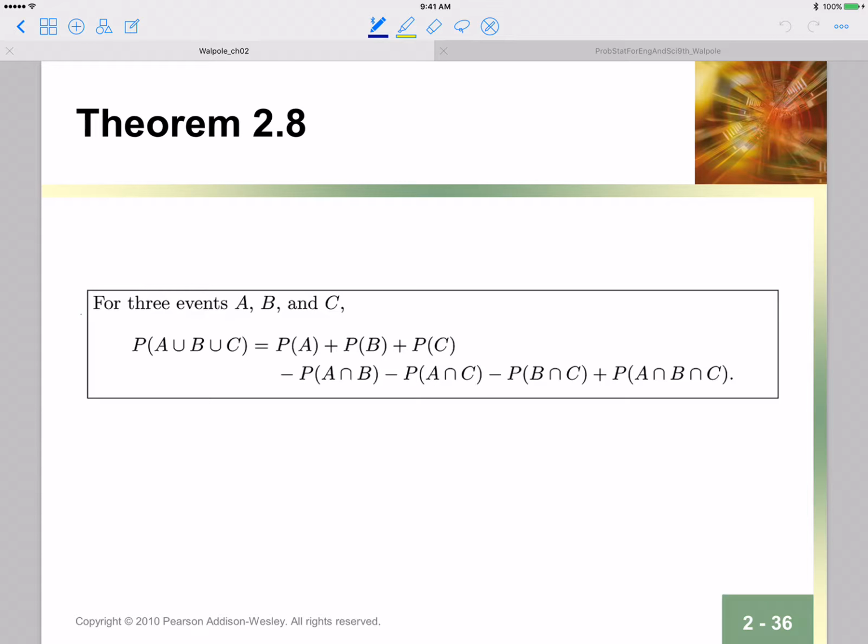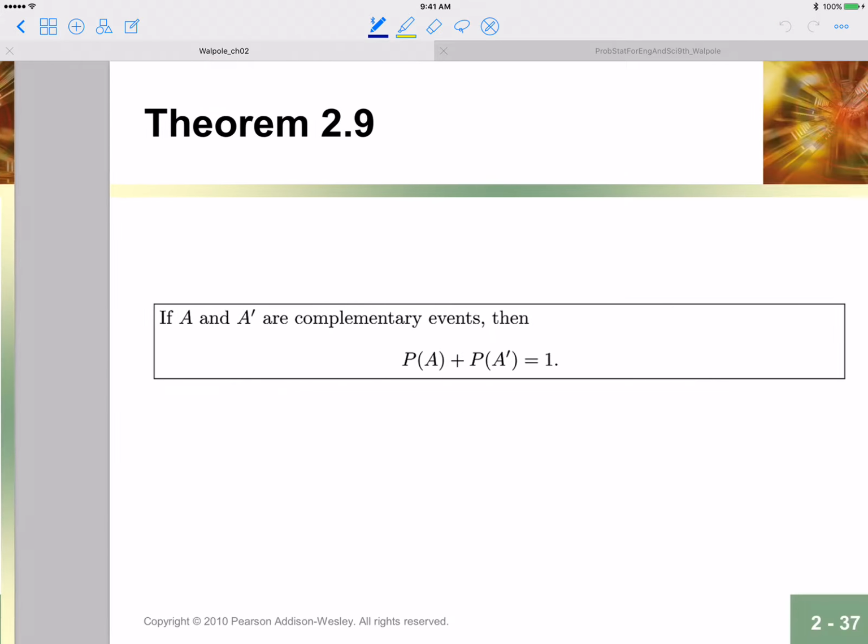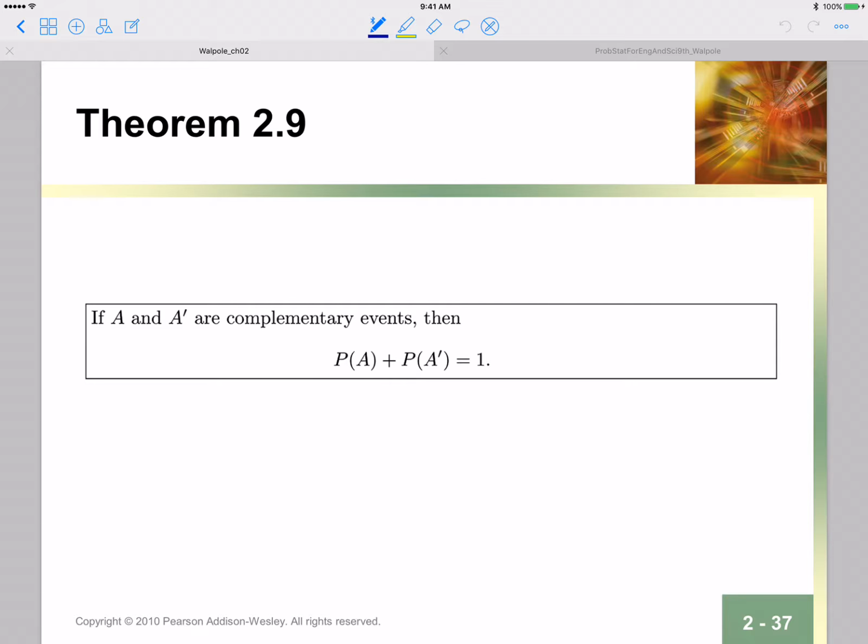But if they have some overlaps, just like this, then we know this type of union and its probability is computed in this manner, right? And then A and AC.